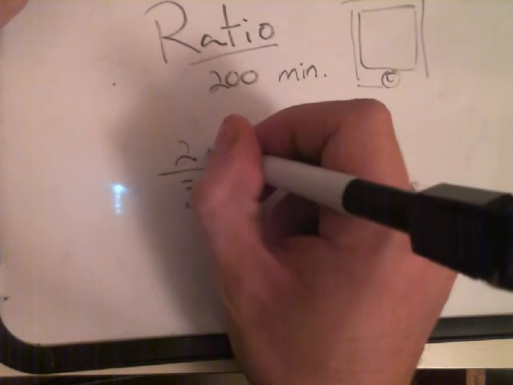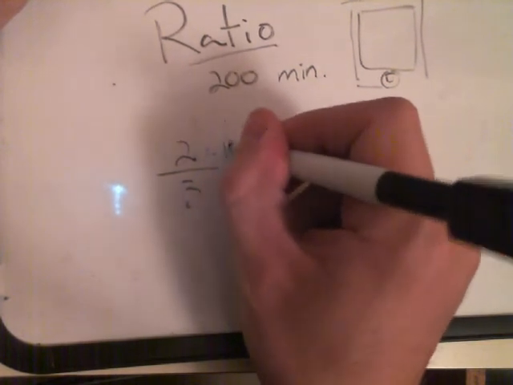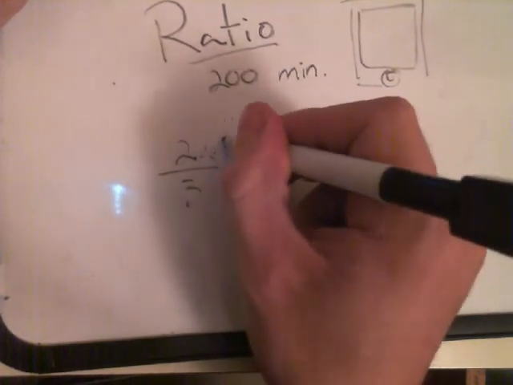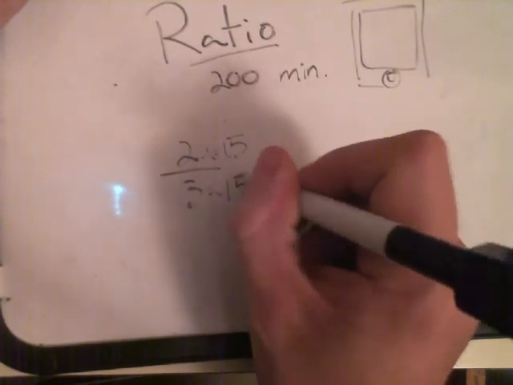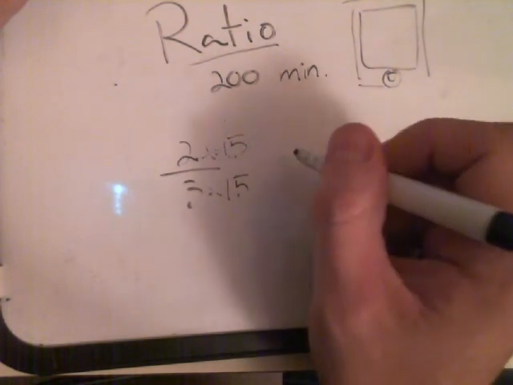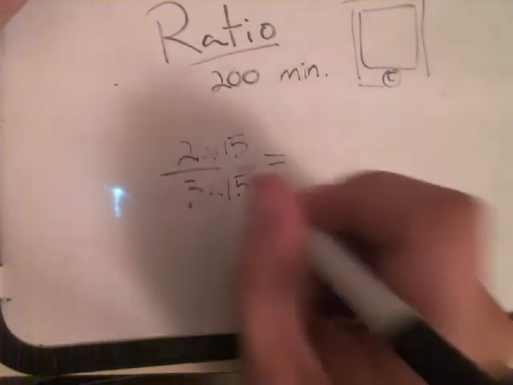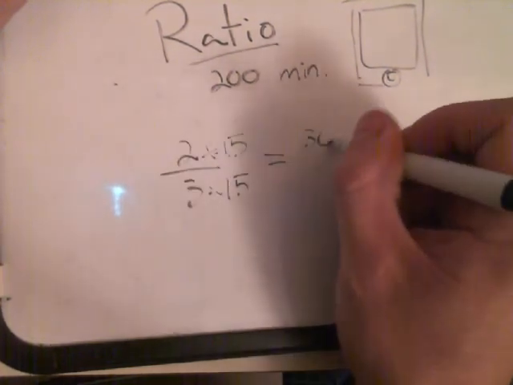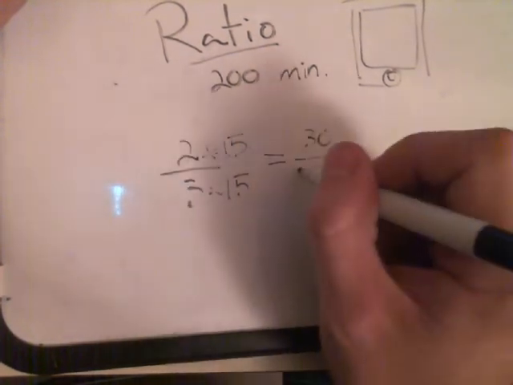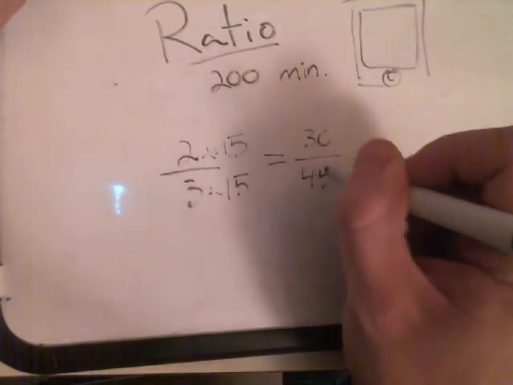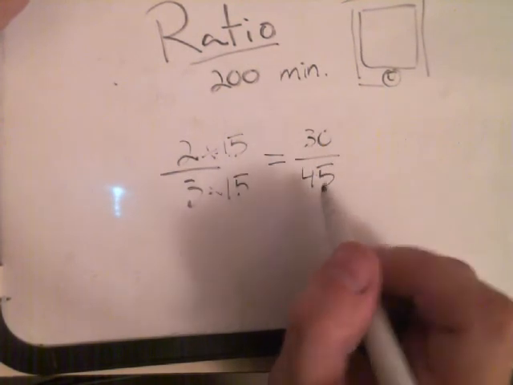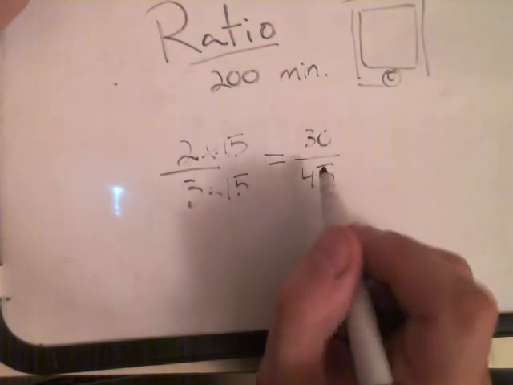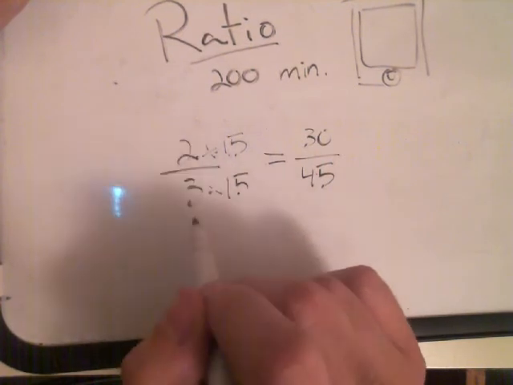So let's try, for example, 15 times 15, times 15. Okay? Well, let's work that out. 2 times 15 is 30. 3 times 15 is 45. So basically, we can know that 30 over 45 is basically equal to this ratio right here, 2 over 3.